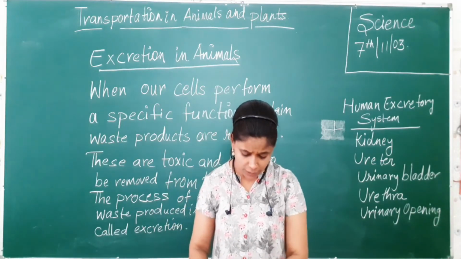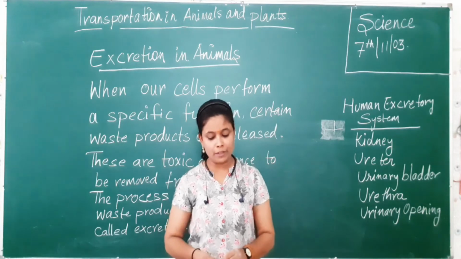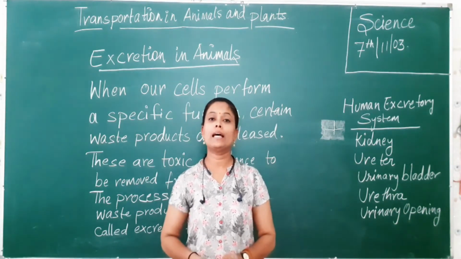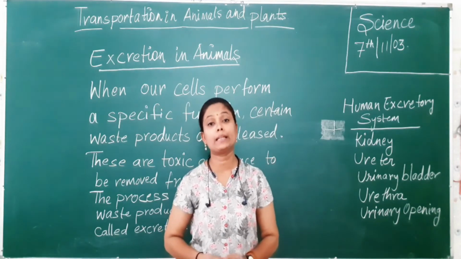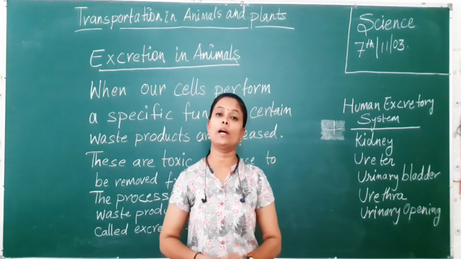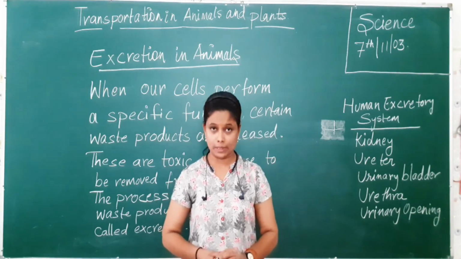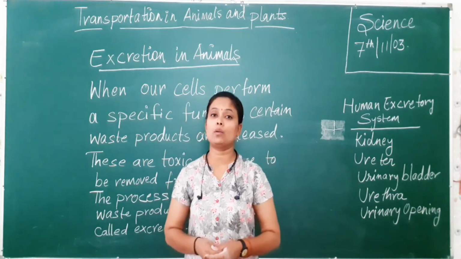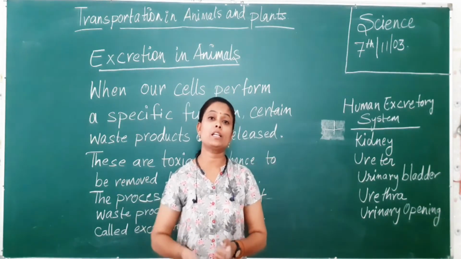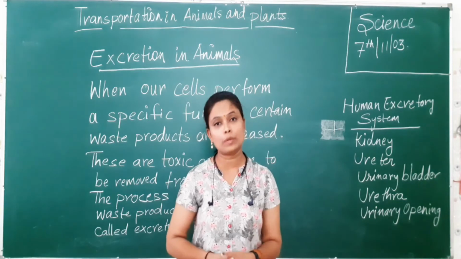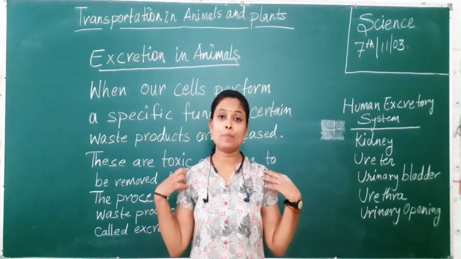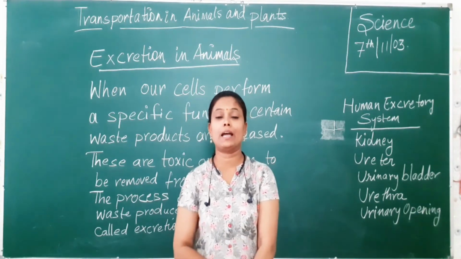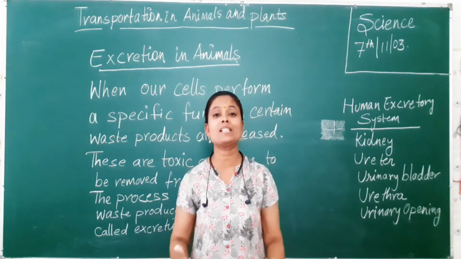So now what happens when we talk about summer season? As I have told you, an adult passes at least 1 to 1.8 liter of urine in 24 hours. But during summer season, what happens? As it is too hot all around us, our whole body, whether it's a hand or a leg, sweats a lot.